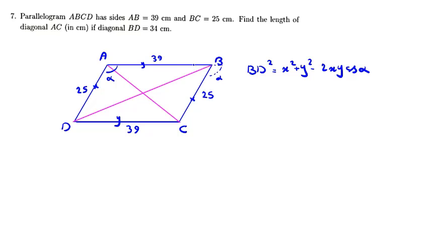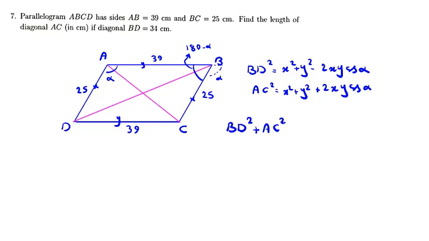So you can say it is 180 minus alpha. We can say AC squared equals x squared plus y squared minus 2xy cos of 180 minus alpha. Cos of 180 minus alpha is negative cos alpha, so it will be plus 2xy cos alpha. If we add up these two things, we will reach an important thing in parallelograms.